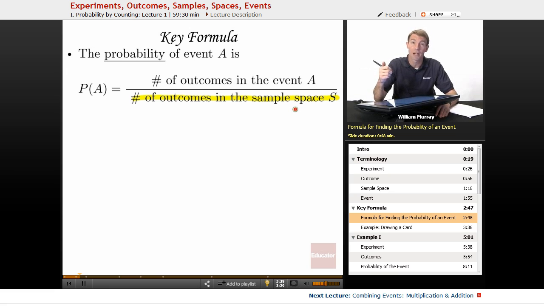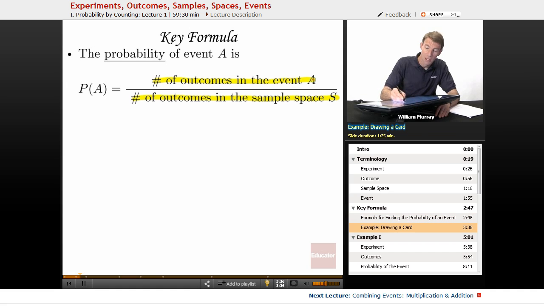So those are all the outcomes. And then to calculate the probability of an event, you want to count the number of outcomes in that event. So for example, if you were drawing a card from a 52 card deck and you wanted to calculate the probability of getting a spade, so P of getting a spade when you draw a single card from a deck, well, there's 52 possible outcomes.